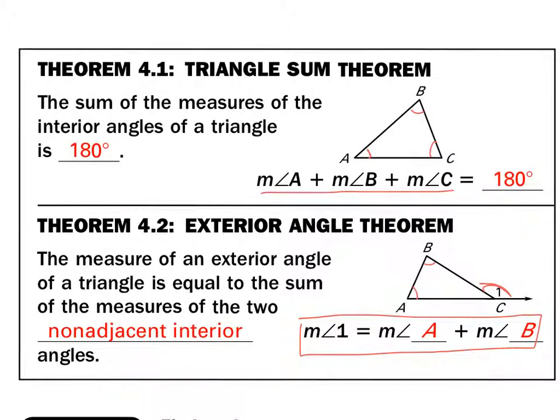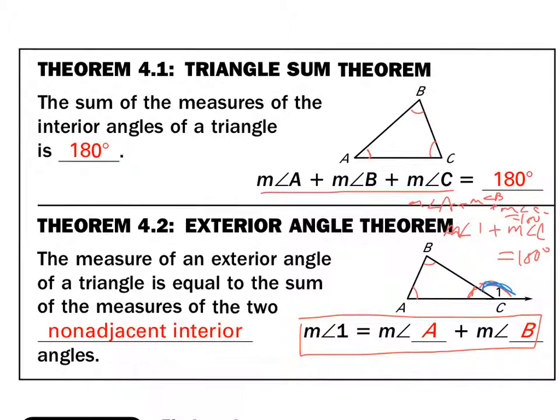Because if you look up here, let me change the color, angle 1 and angle C together. So measure of angle 1 plus the measure of angle C would equal 180 degrees because they're a linear pair, right? And we also know that the measure of angle C plus the measure of angle A and the measure of angle B together is 180 degrees.